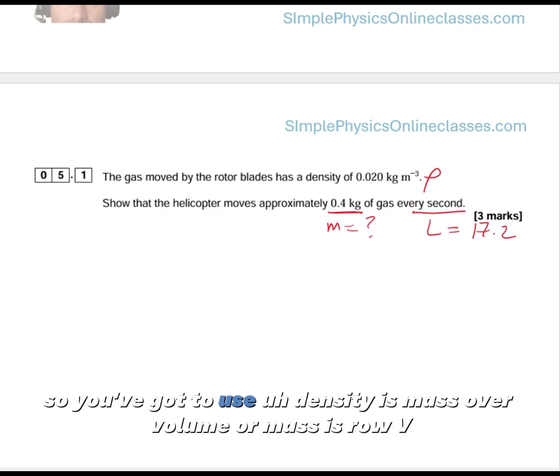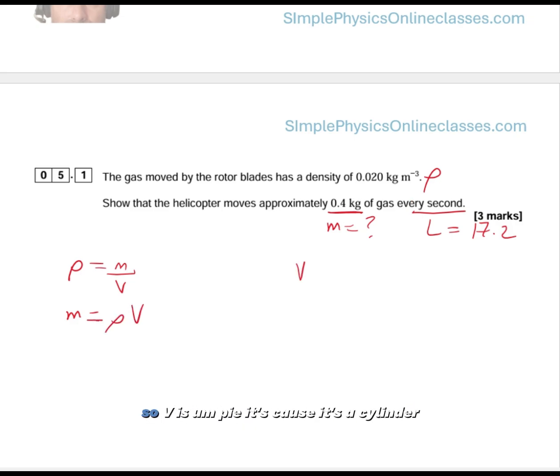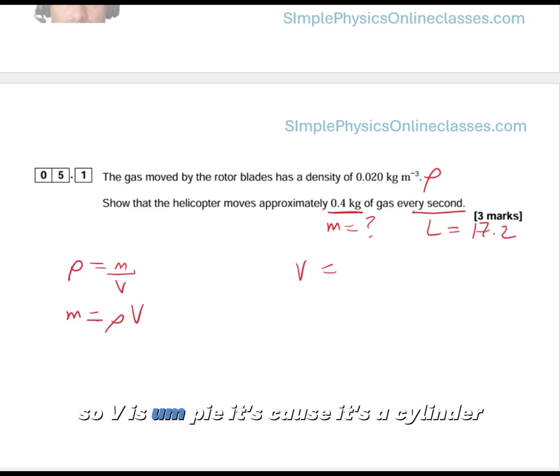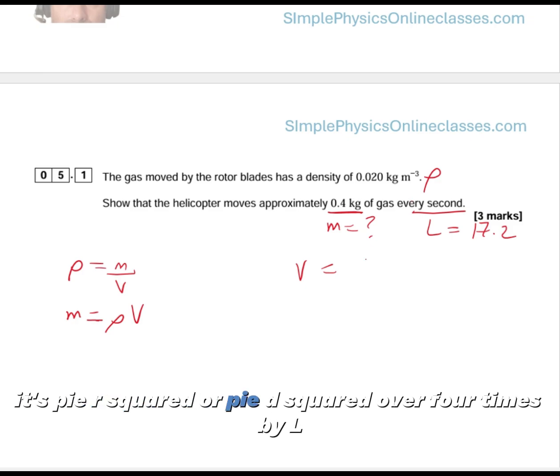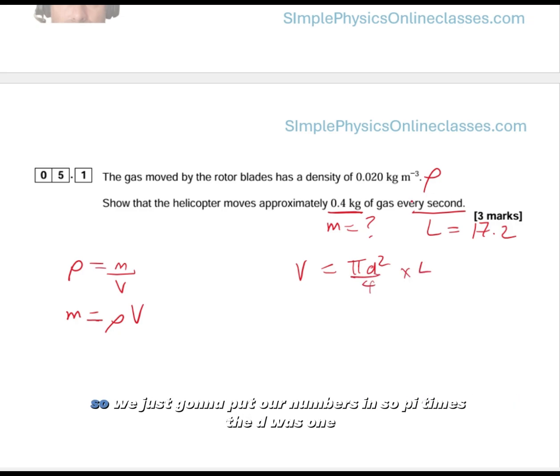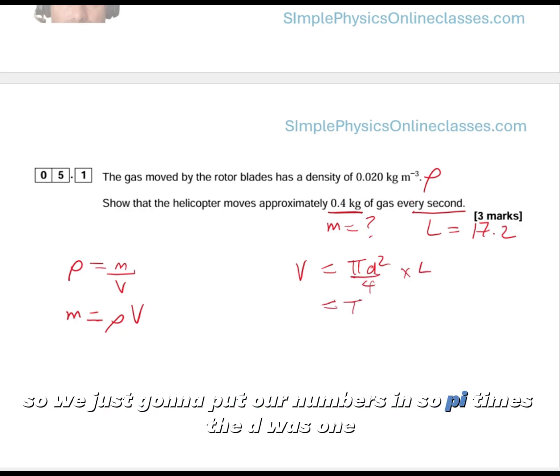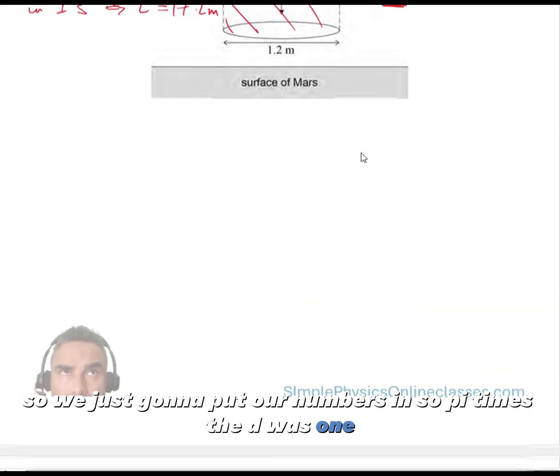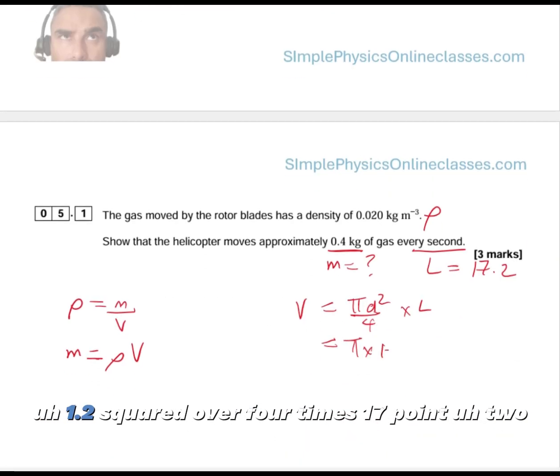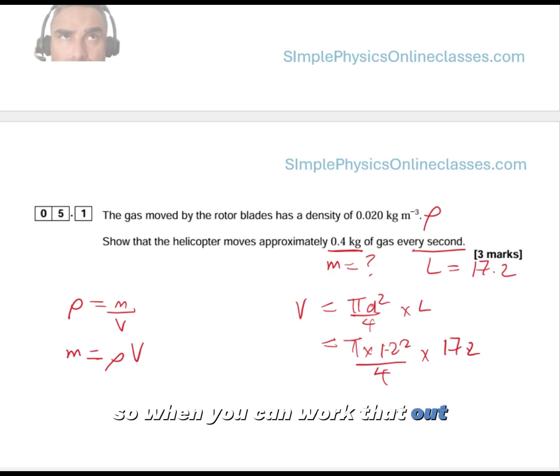You've got to use density is mass over volume, or mass is rho V. We've got to work out V. Because it's a cylinder, it's pi r squared, or pi d squared over 4, times L. So we just put our numbers in. Pi times d, which was 1.2, squared over 4, times 17.2. You can work that out.